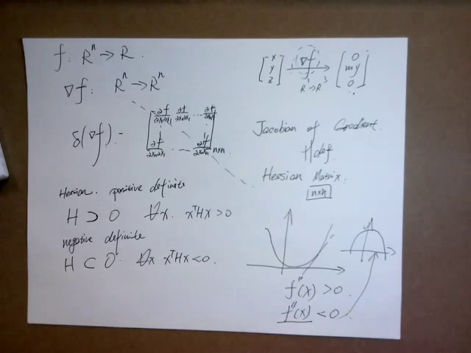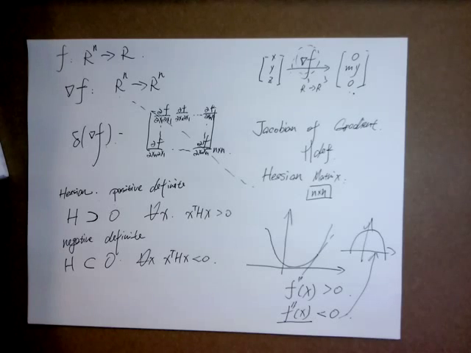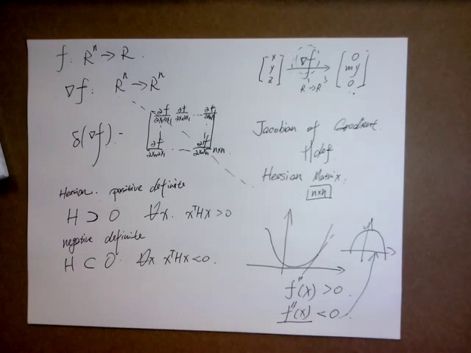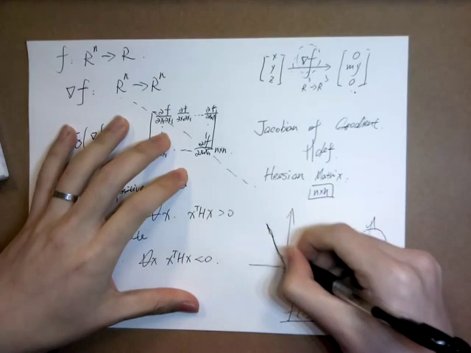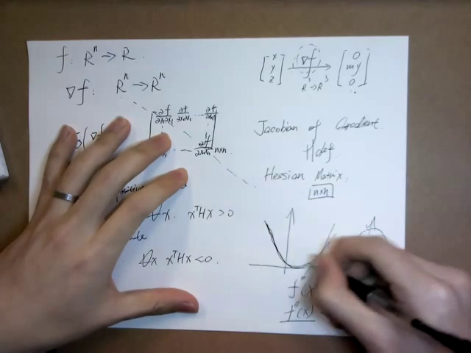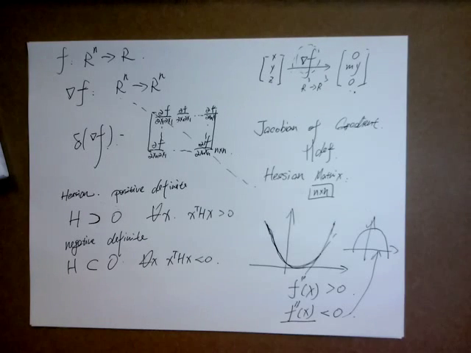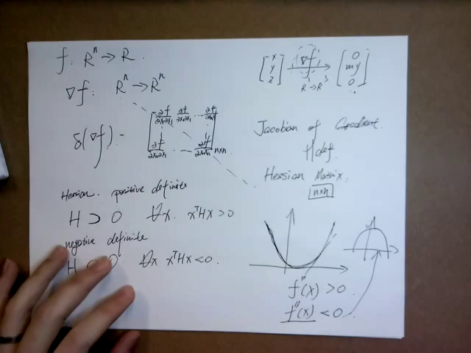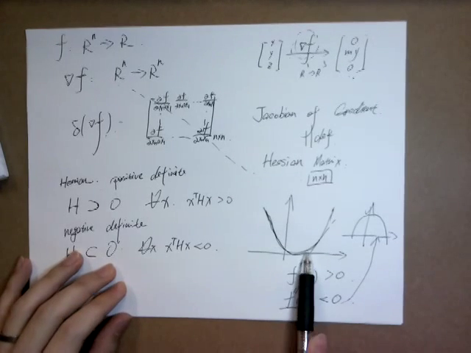Why is it important to say if a function is convex or concave? Because it's a very important property in optimization theory. If a function is convex like this one, it means that for any given region, it has at most one minimum, which is the global minimum of the function f(x).